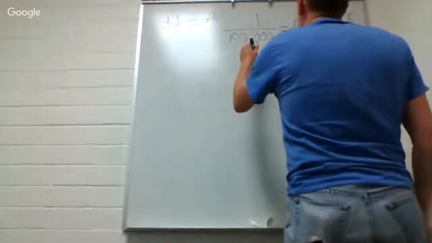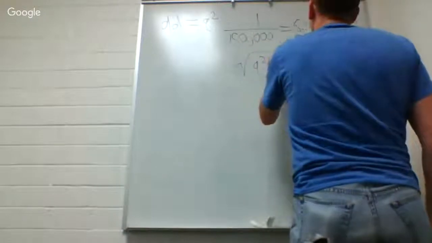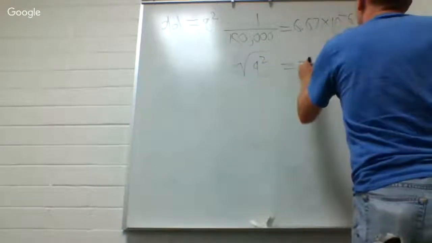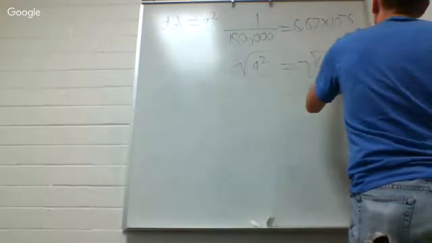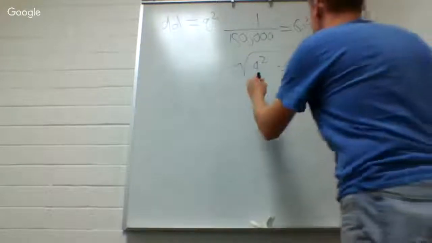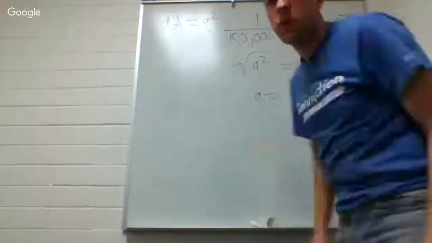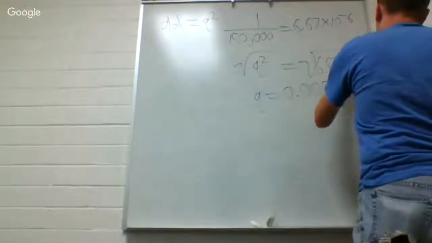Then we take the square root of both sides. 6.67 times 10 to the -6. So we take the square root of both sides, and that gives us q equals 0.00258.